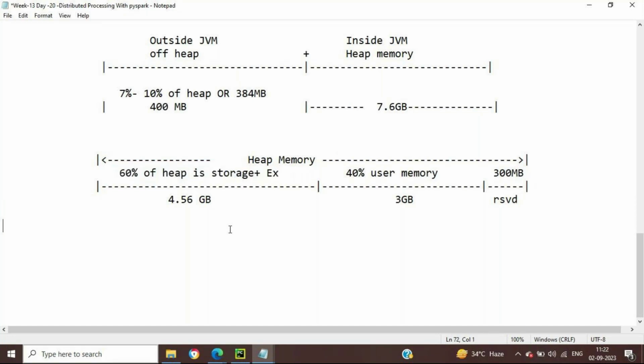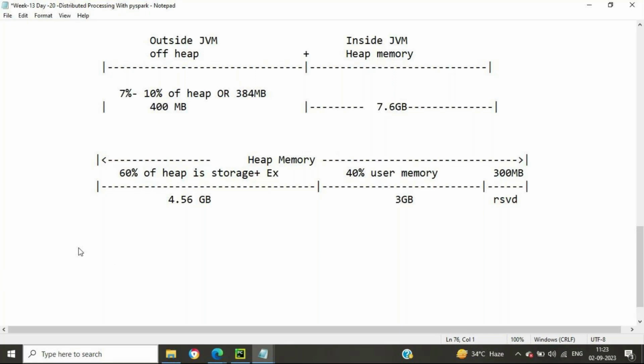Now there are certain parameters as well which are going to give us the information about how much memory we can have. So over here, certain parameters, and let me try to mention those particular parameters.